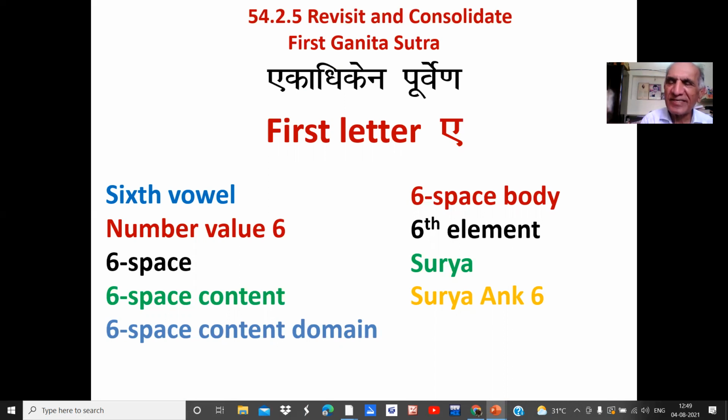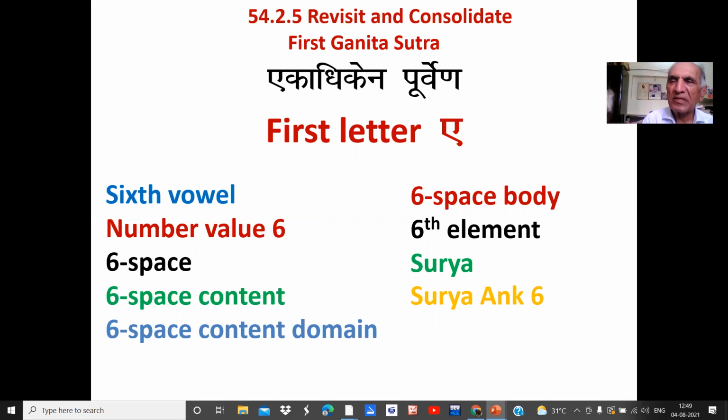Number value 6 as Sthapatya format of Devanagari alphabet takes us to sixth space. We may have a pause here and point out to ourselves that Devanagari alphabet is an integrated compactified format.